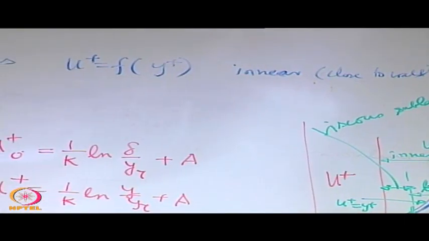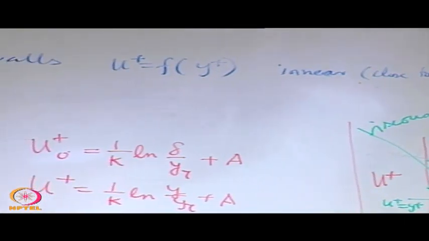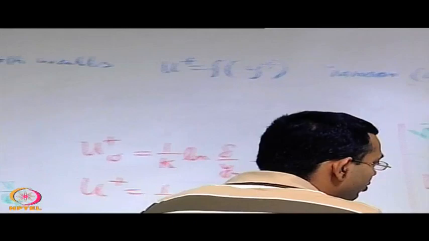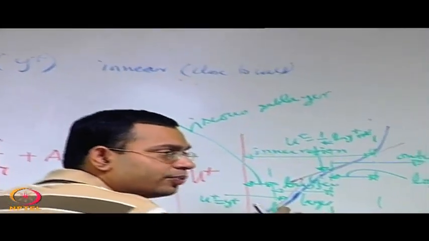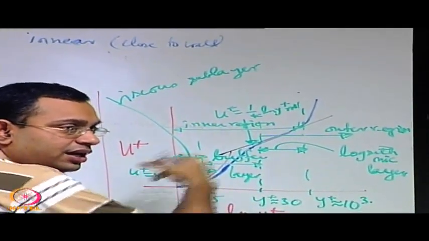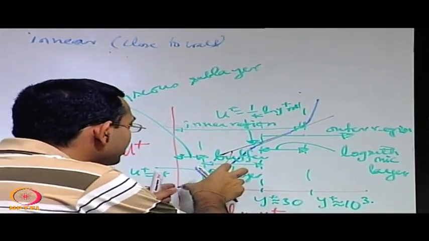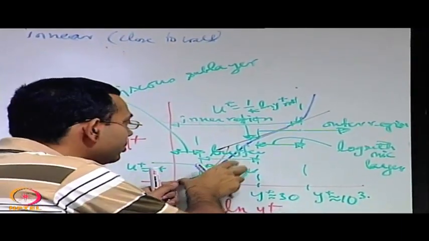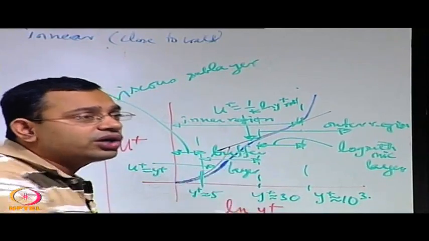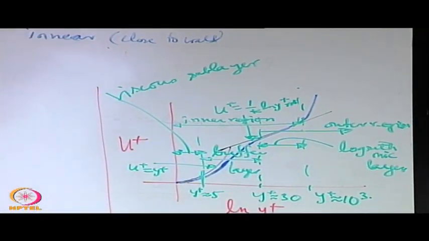We do not know the functional relationship, and that is quite true because only in the viscous sublayer we know that u plus equal to y plus. In the remaining region u plus is solely a function of y plus over at least a given threshold length, but we do not know the exact functional relationship.